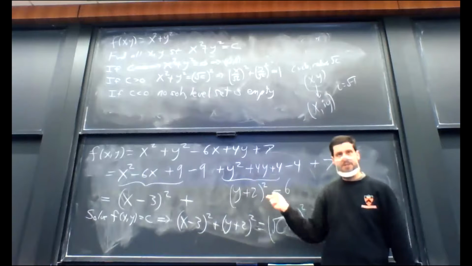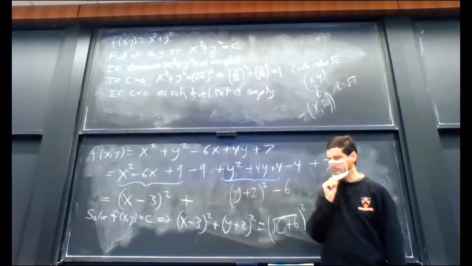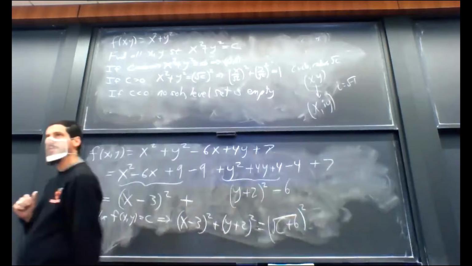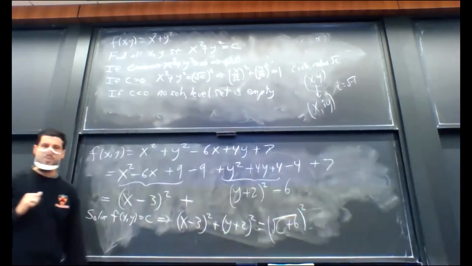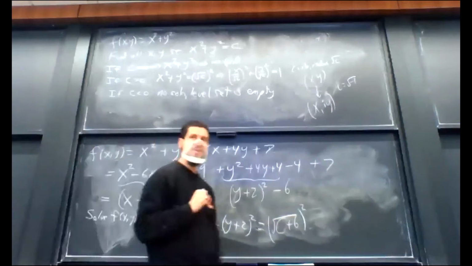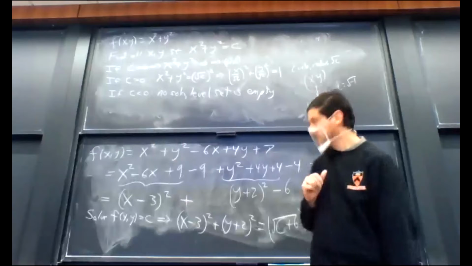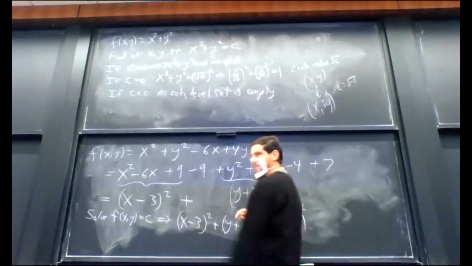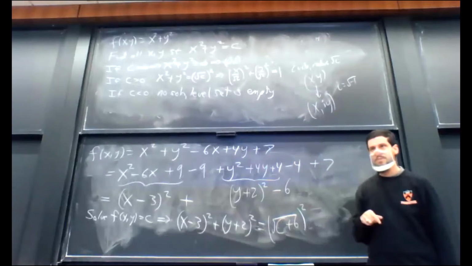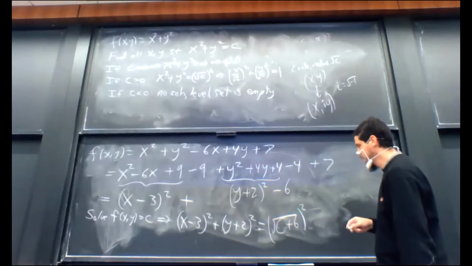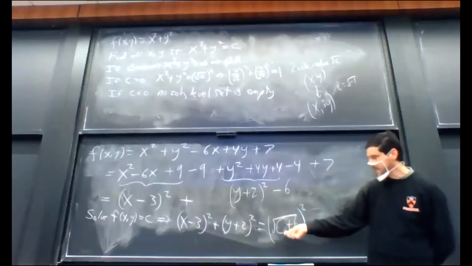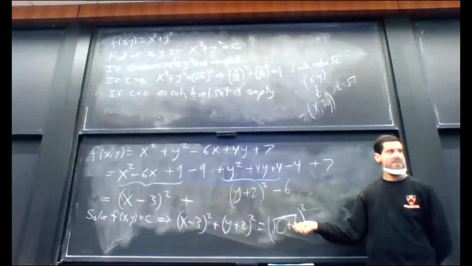What is the smallest value f of x, y can take on? Negative 6. So it'll take on negative 6 when x equals 3 and y equals negative 2. So if you look at this over here, if I take c equals negative 6, square root of 0, not a problem.